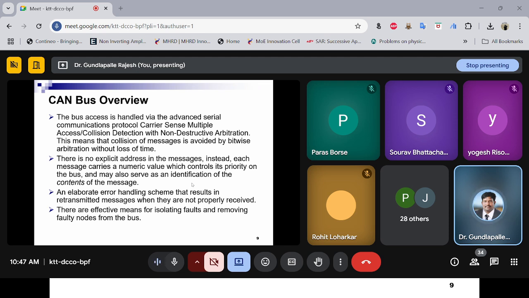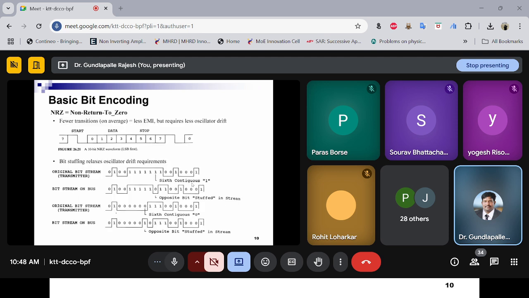This collision can be detected. Once the collision is detected, the CAN protocol will resend the data. So here collision detection is there, but it is not collision avoidance. That is the main concern in the basic CAN bus protocols.